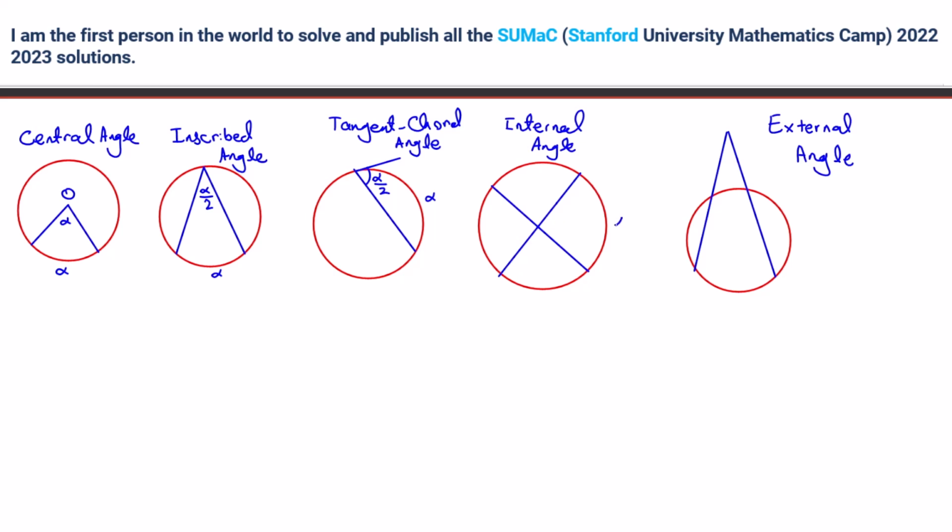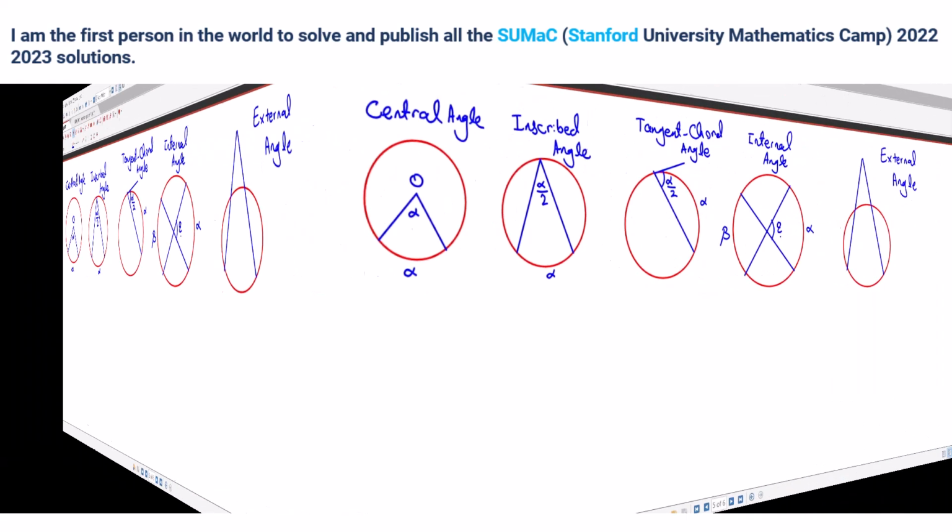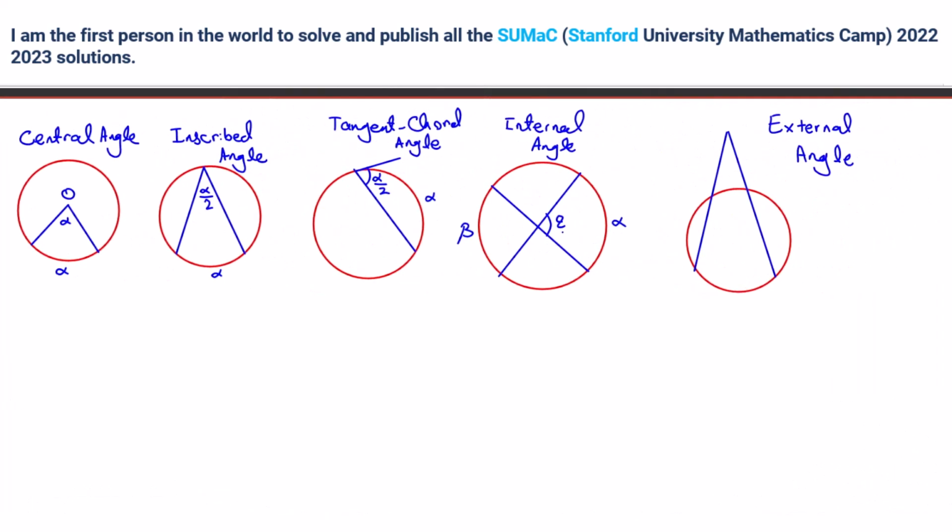Again, if this one is alpha, this one is beta. What's this angle equal to? No, it depends on both alpha and beta. We have A and B, alpha and beta. It depends on both of them. 180 minus alpha.